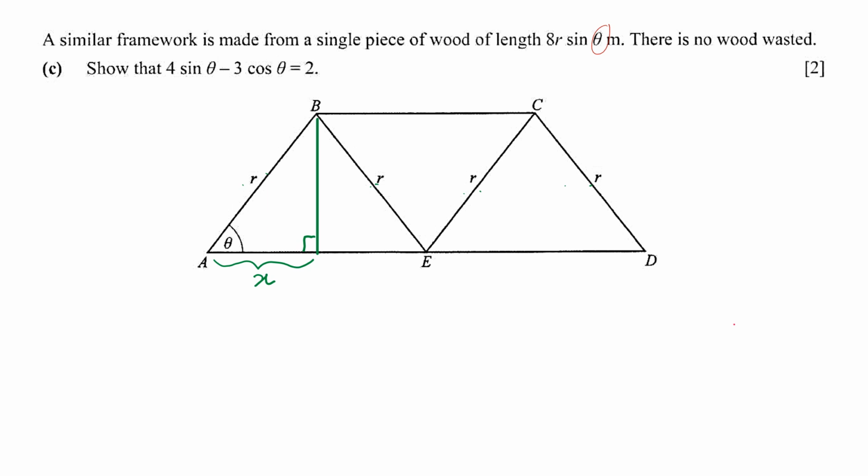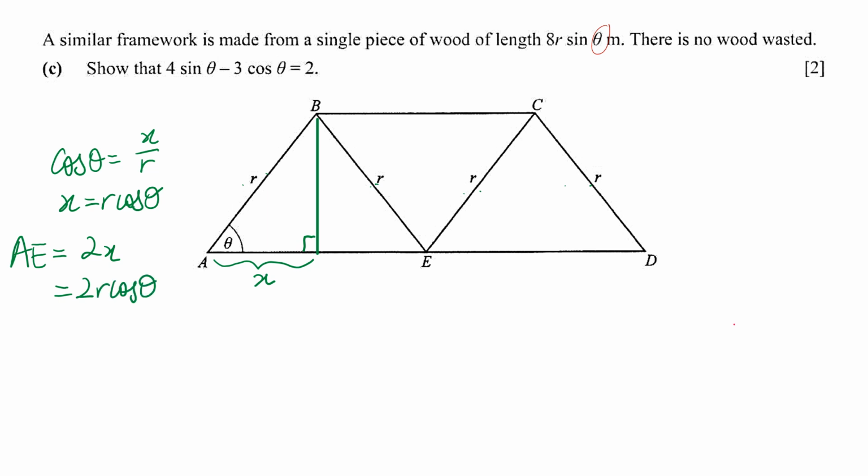So we will have to go back to our trigo ratio. You need to draw a right angle triangle. You don't need to find the height. Use a right angle triangle to find x, using cosine theta. And x will be r cosine theta. So therefore AE is 2x, so it's 2r cosine theta. So I have AE, which is the same length as BC and the same length as ED.